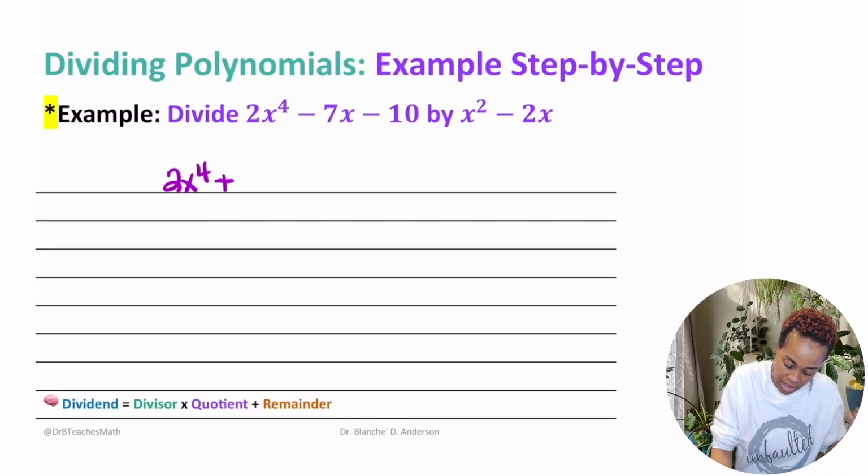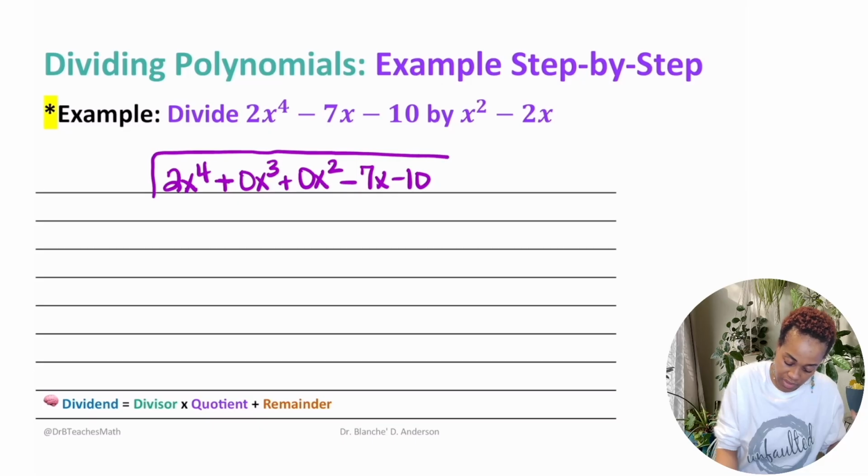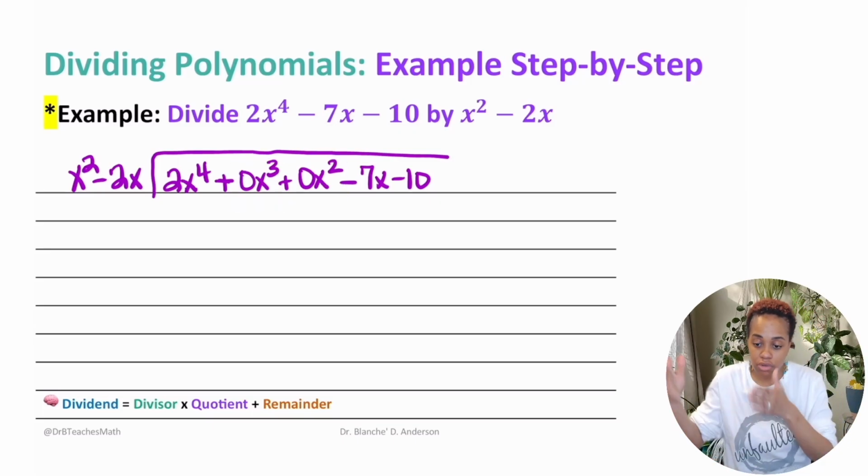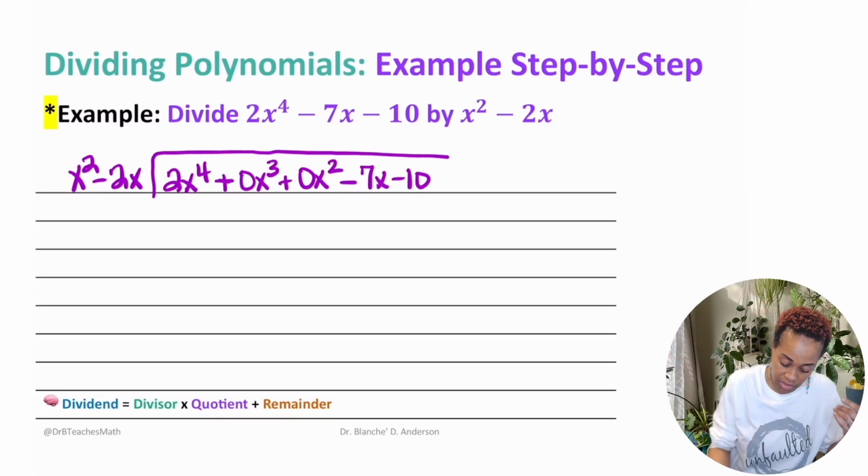I do not have an x cubed, so I'm going to put 0. I do not have an x squared, so I'm going to put 0. I do have an x, and then I do have a constant. And we're dividing that by x squared minus 2x. So we filled in our missing terms. That way when we combine like terms, everything lines up.